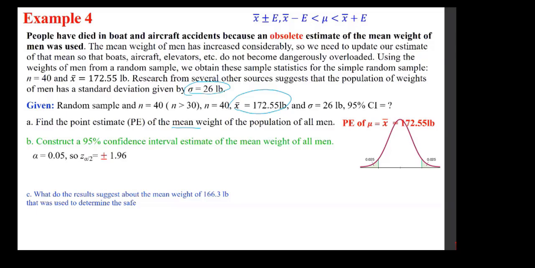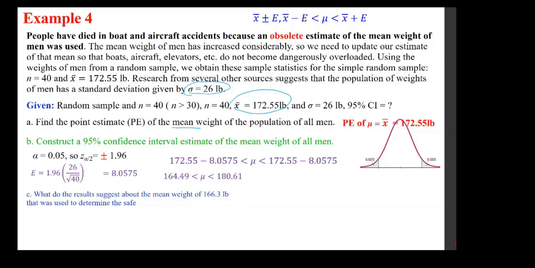So E is Z alpha over 2, 1.96, times the fraction bar. The top is sigma, 26, and the bottom is the square root of n, which is 40. Now you simplify, and you have this number as E. You subtract it from X bar, you add it to X bar. And this is your confidence interval.